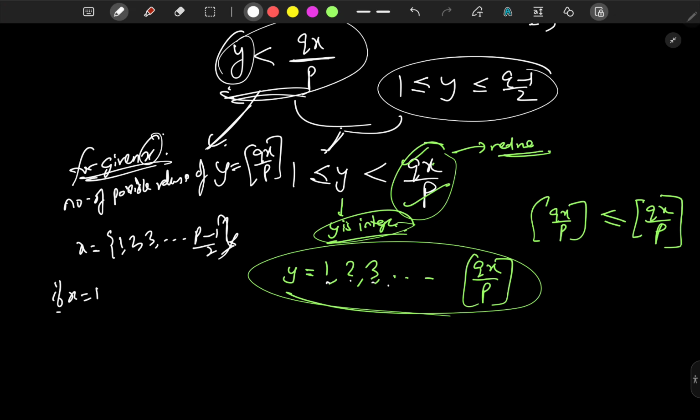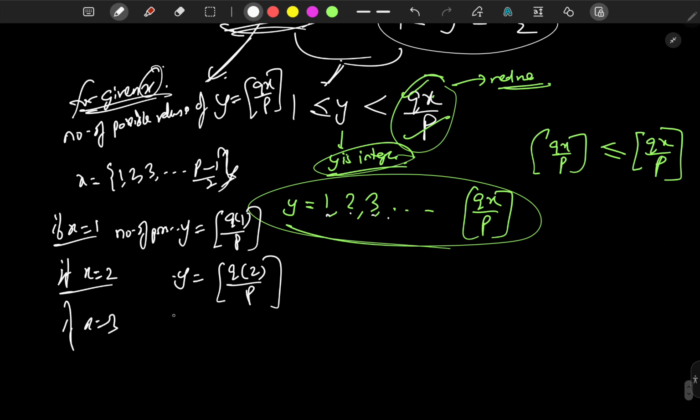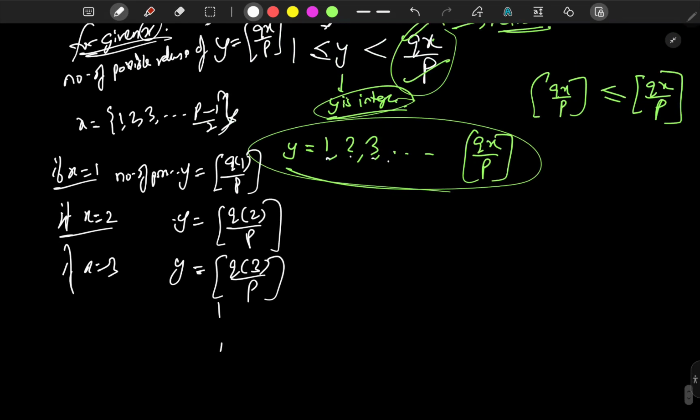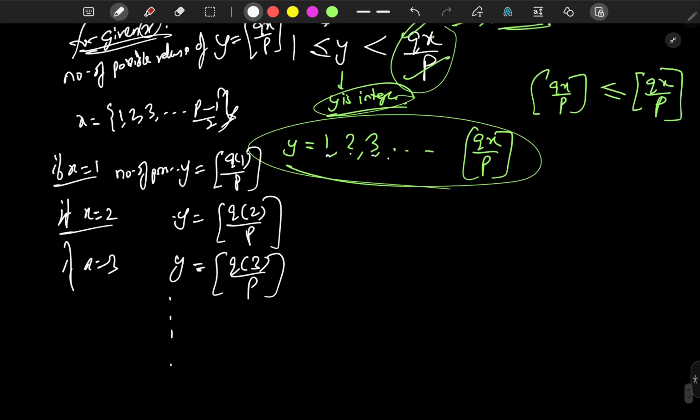If x equals 1, the number of possible values of y is q times 1/p. If x equals 2, it is q times 2/p. If x equals 3, it is q times 3/p, and so on. This is the important thing you need to understand.